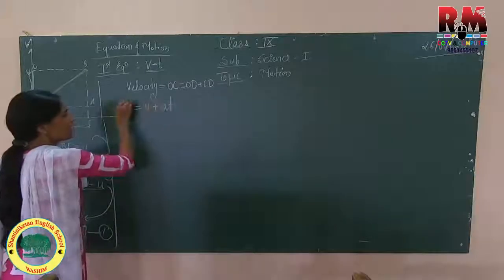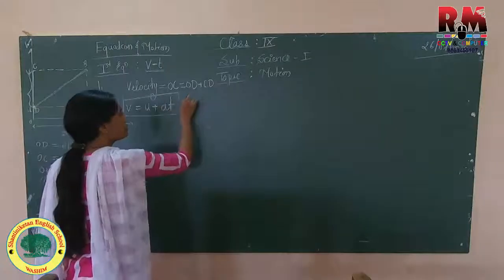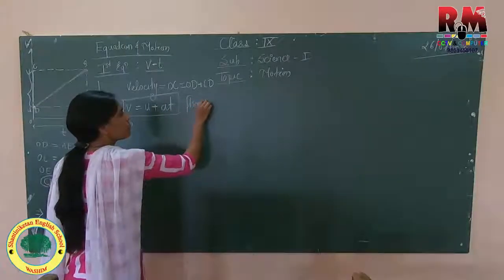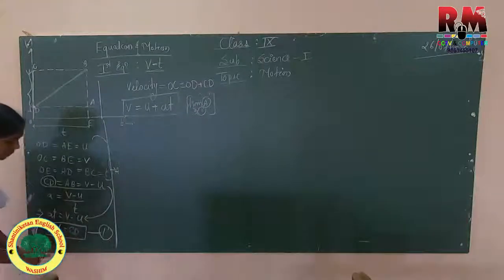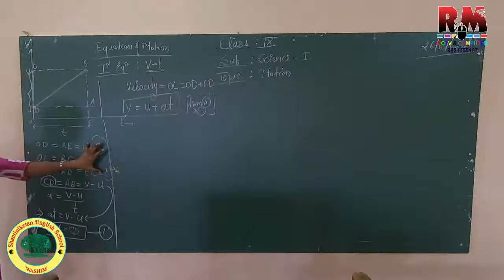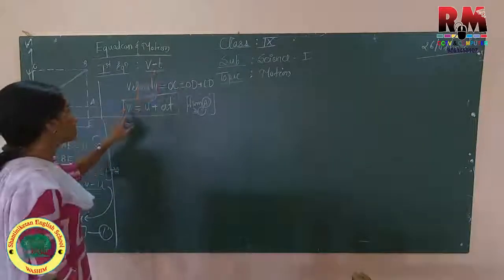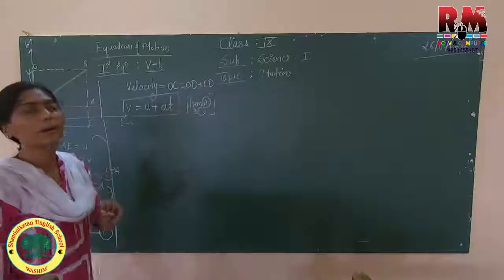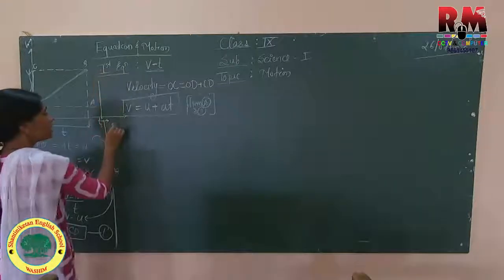So this is the first kinematical equation: V is equal to U plus AT. You have substituted the values by using equation number A and equation number 1. This is the relation between velocity and time: V is equal to U plus AT. You have to learn it by heart. Now let us see the second equation.